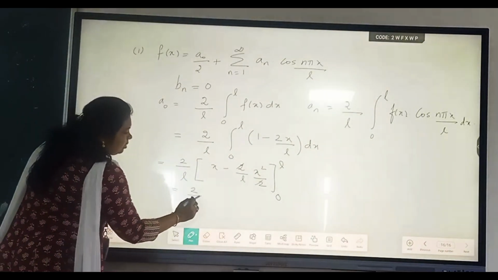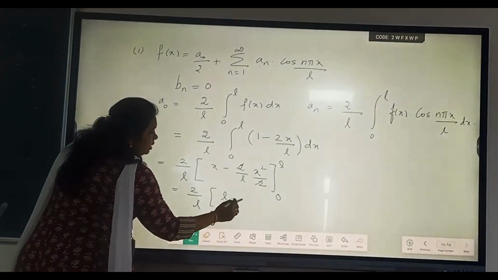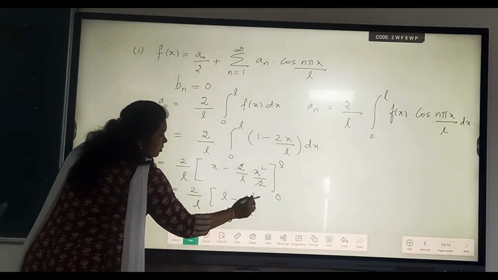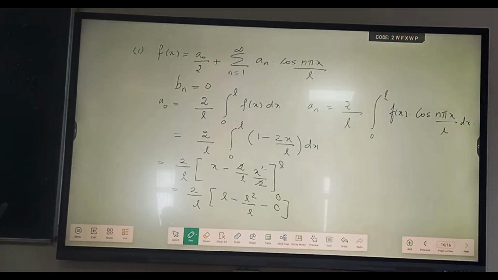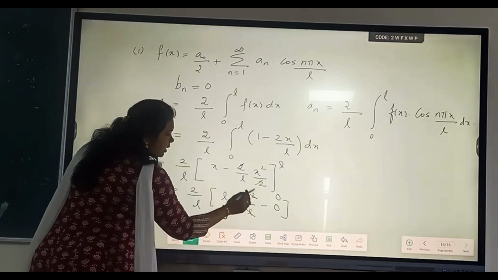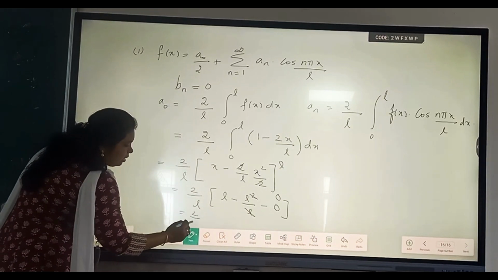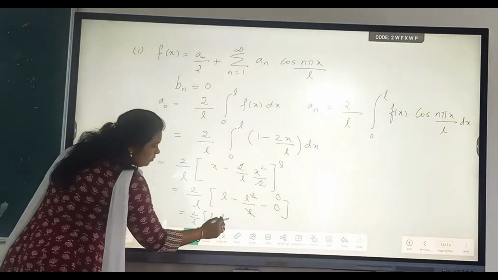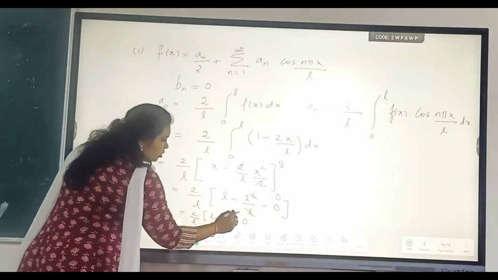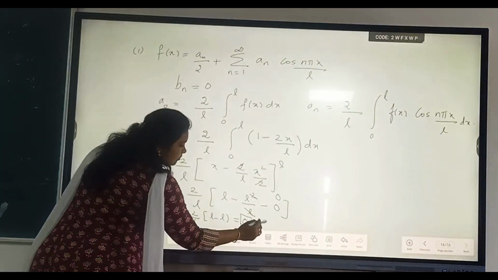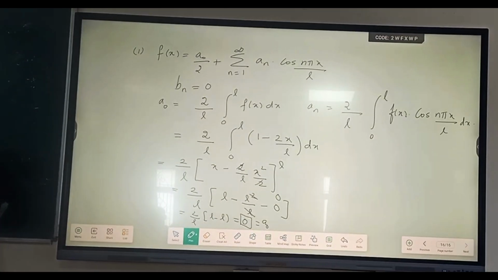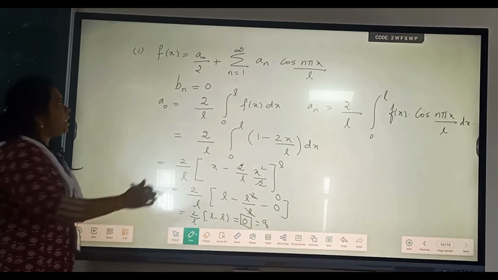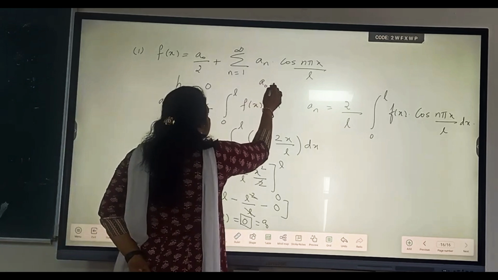So 2 by L, L minus L square by L. Your lower limit is 0. So this L and this will get cancelled. So you get 2 by L, L minus L, which the answer is 0. So your a naught is 0.